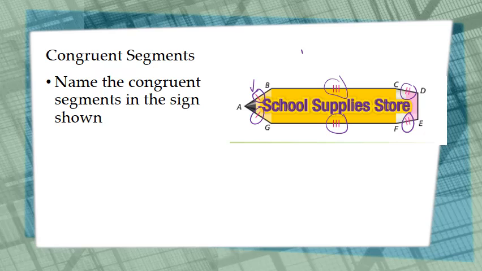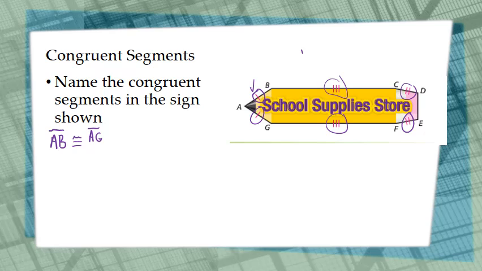So to finish this off, we can say that segment AB, with a segment bar above it, is congruent, with a little squiggly line over an equal sign, to segment AG.